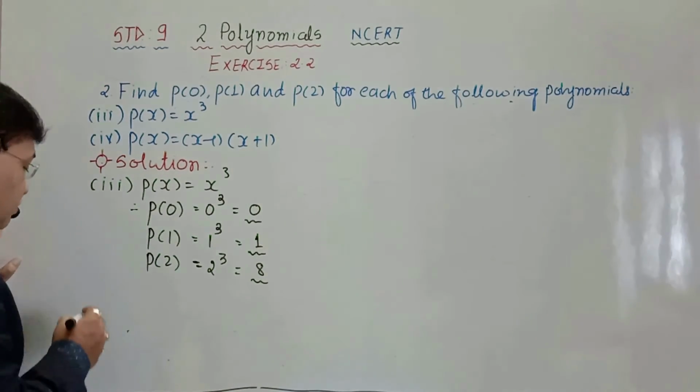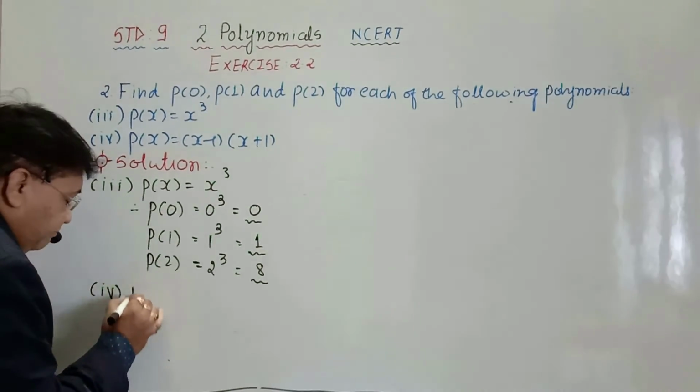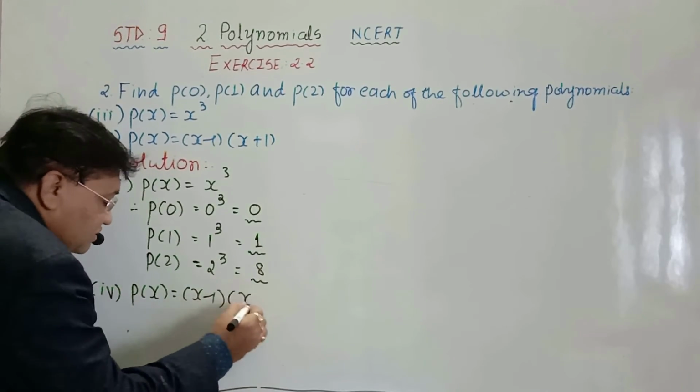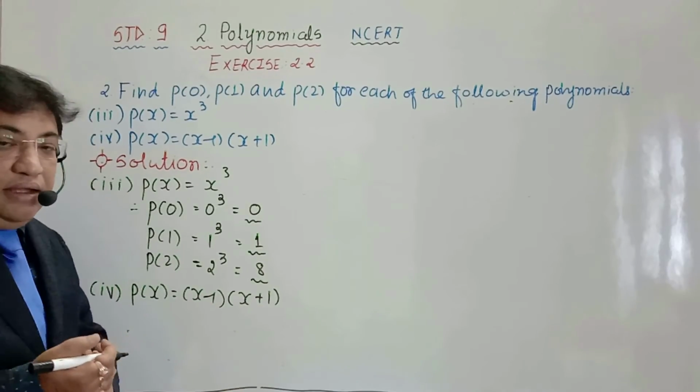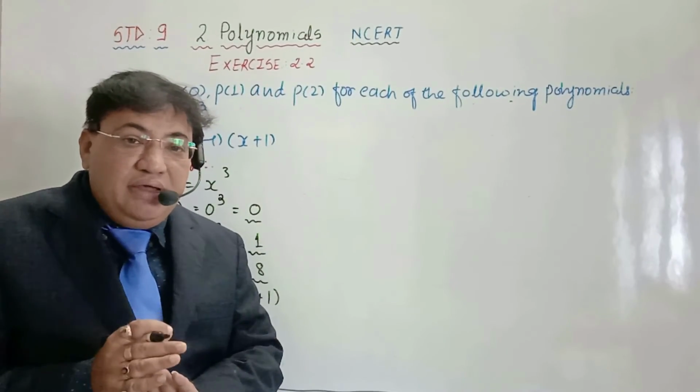Now we see question number 4 of 2. Here P(x) is equal to x minus 1, in the second bracket x plus 1 is given. And one by one we want the value of P0, P1 and P2.